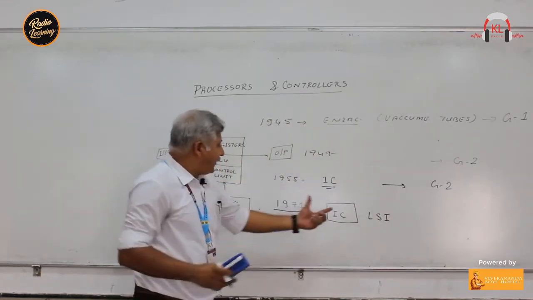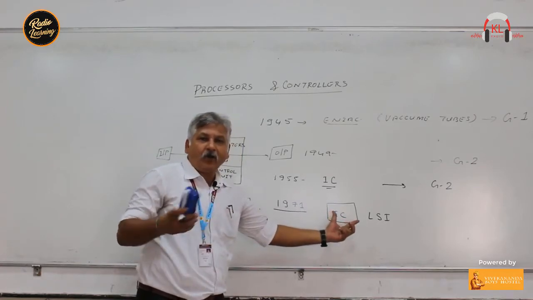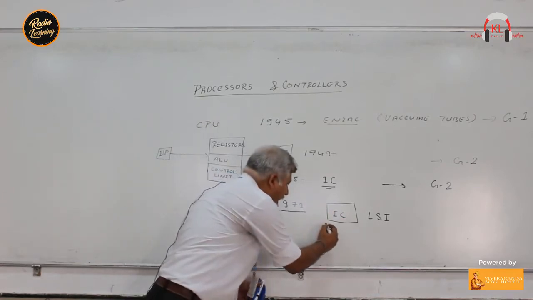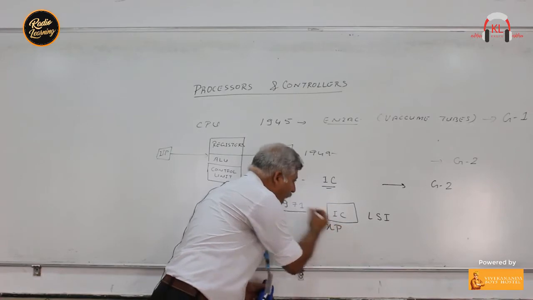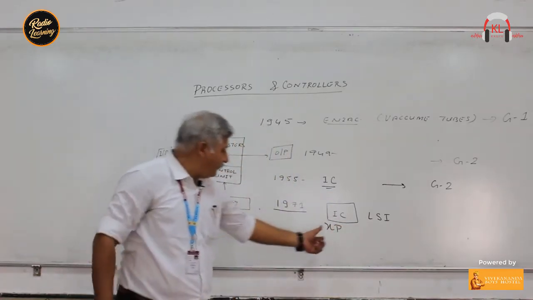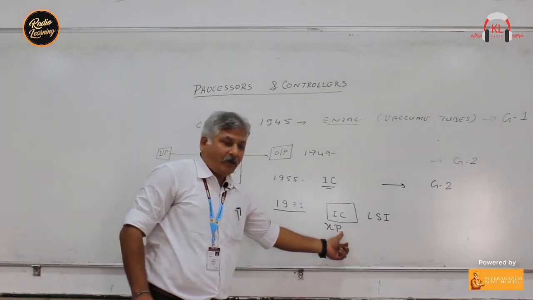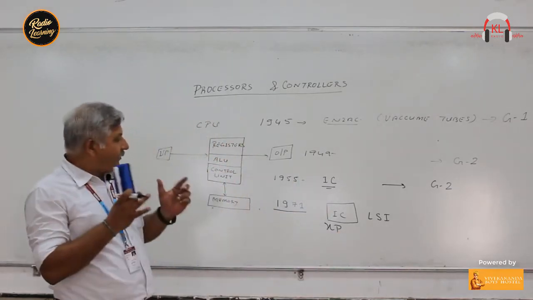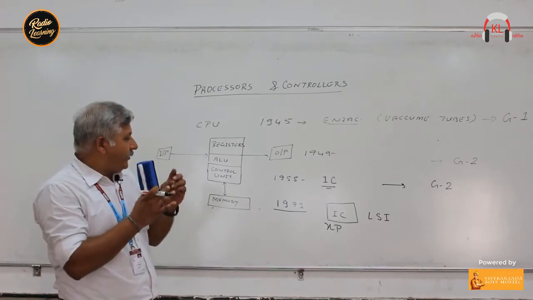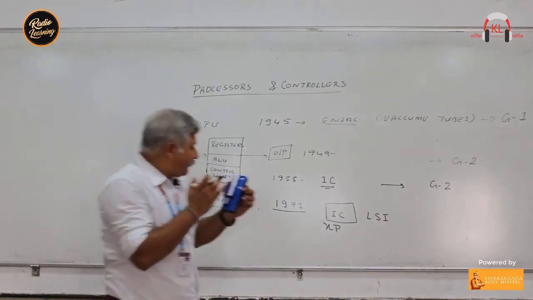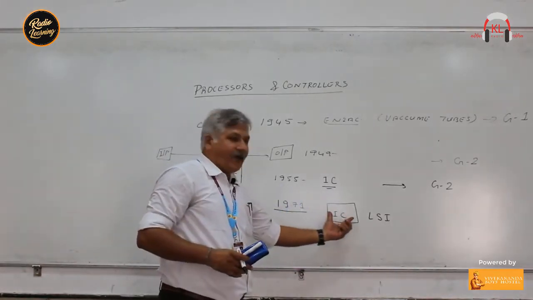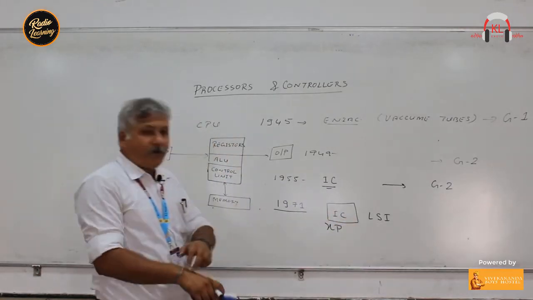Then that central processing unit was called a microprocessor, µP. Mu indicates micro and P indicates processor. So that central processing unit, which we have fully integrated inside one single IC, was called a microprocessor.